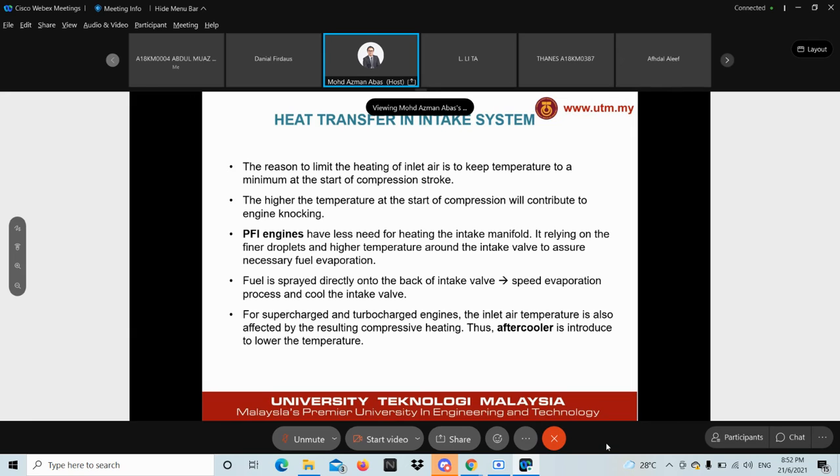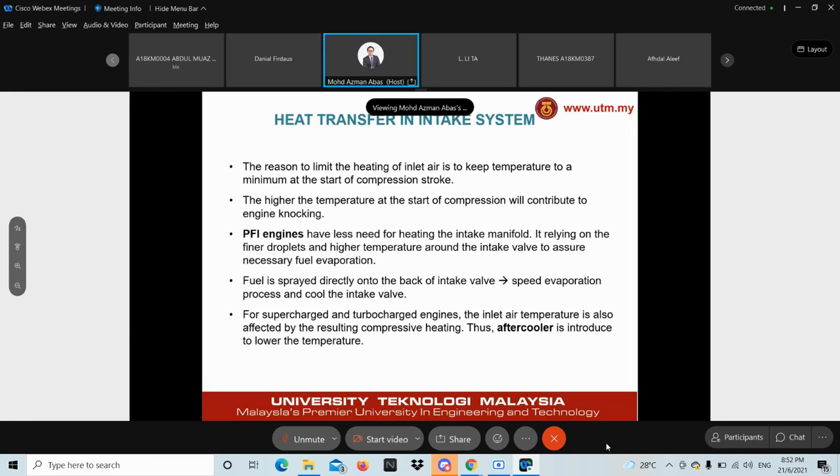Fuel is sprayed directly onto the back of the intake valves to speed up the evaporation process and cool the intake valves. So another purpose of the fuel is definitely to reduce the temperature of the intake valve, and also to reduce the combustion temperature itself.